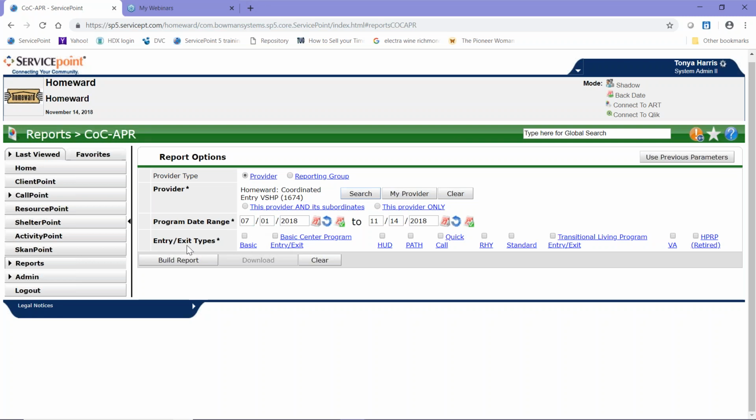I then select my entry type, which for most all providers, it is HUD. But we do have some providers that are SSVF, so they would select VA. And we do have a couple of path providers. So most people are going to pick HUD, and then you click Build Report.